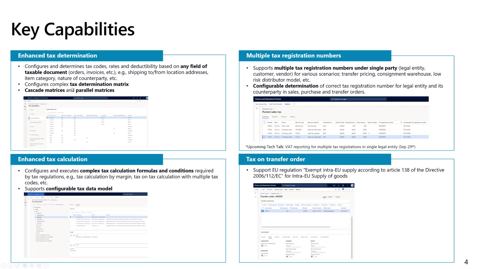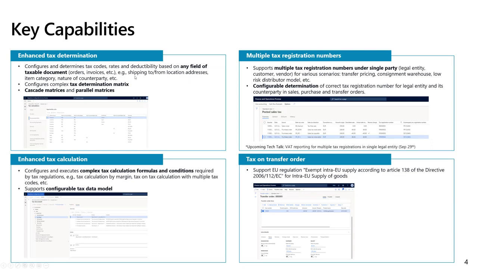We introduce a new mechanism, the tax determination matrix. In this matrix, you can use almost all the available fields on your document, like sales order, purchase order, and the fields here, I mean, for example, your shipment address, ship to, ship from address, country, state, province, city, even zip code.